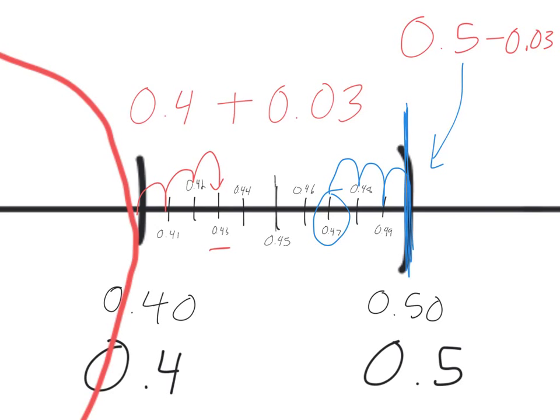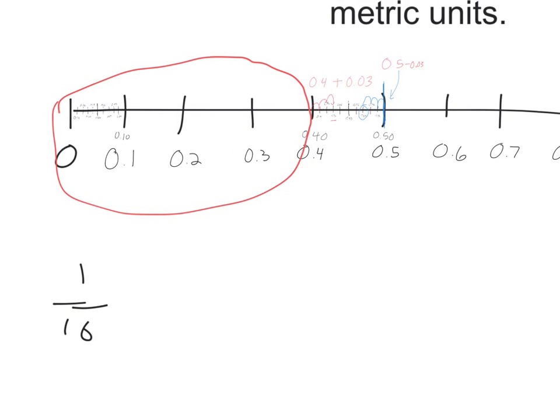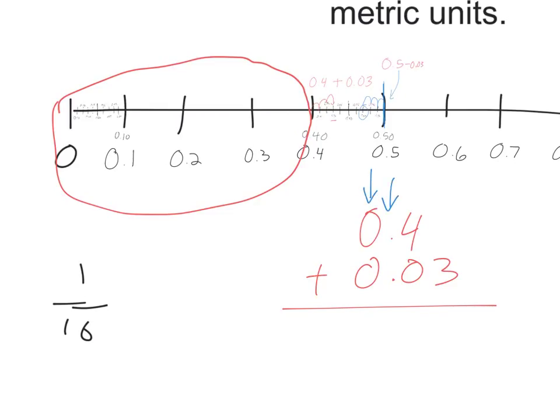Now we can easily visualize it that way, but it would take a long time to do that on a regular basis. So I could also write the problem like this: 0 and 4/10 plus 0 and 3/100ths. Notice, really, really important, I lined up my decimal points. I lined up my place values, my ones on top of my ones, my tenths on top of my tenths.